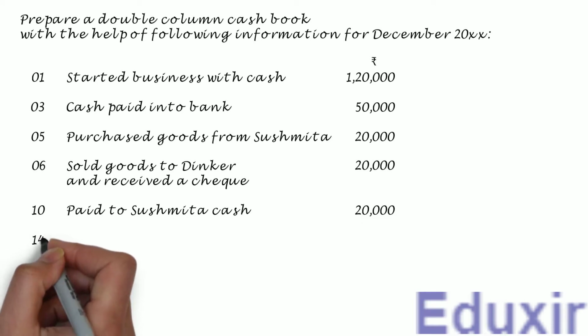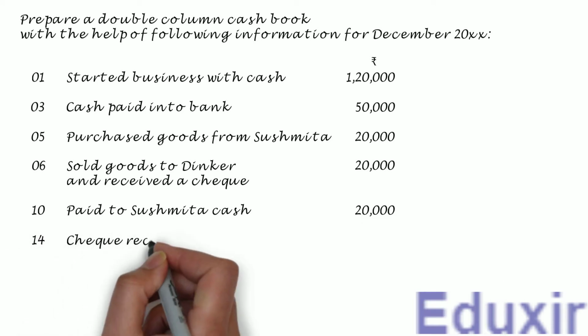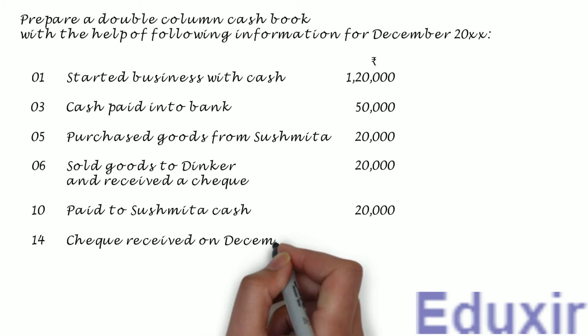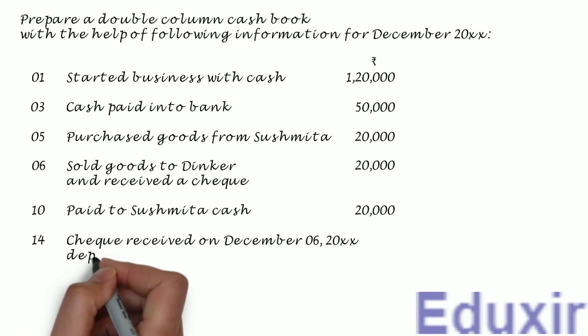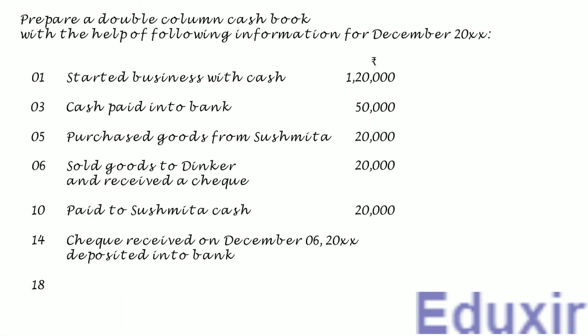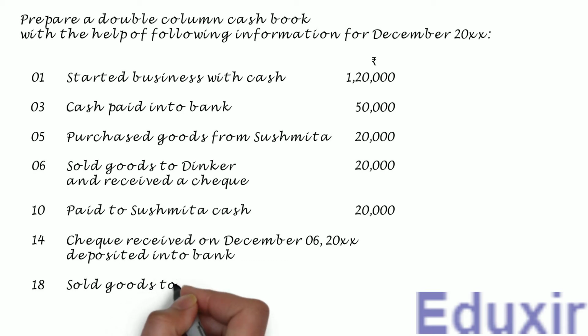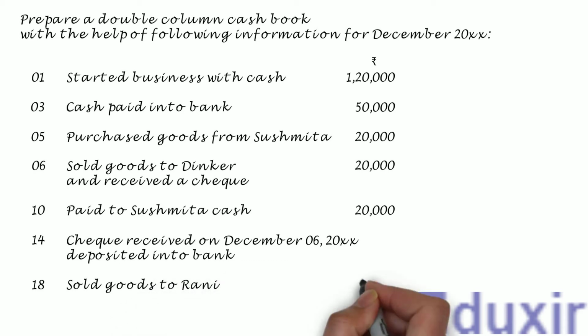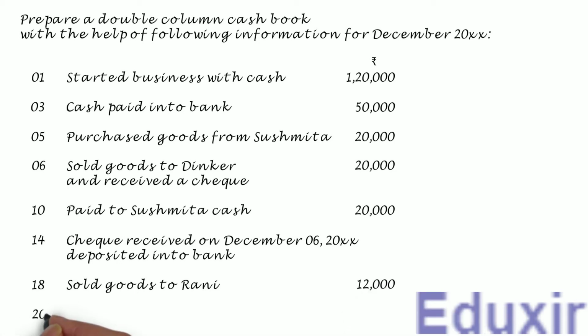On 14th December, cheque received on December 6, 2000 deposited into bank. On 18th December, sold goods to Rani 12,000 rupees. On 20th December, cartage paid in cash 500 rupees.